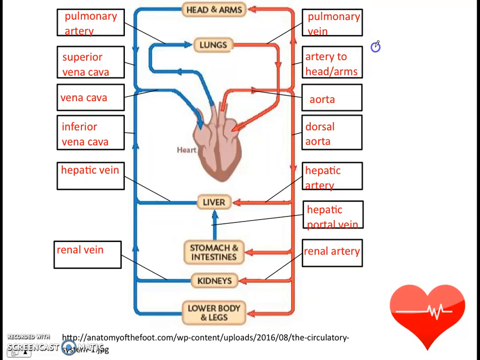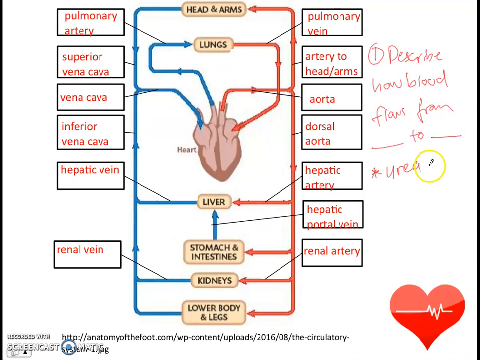Well, the first thing it helps us to do is to describe how blood flows from any point to another point. So for example, I might ask you, how does urea, which is formed in the liver, reach the kidneys, right?